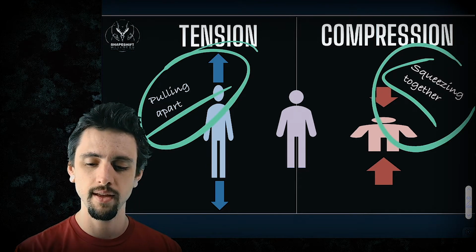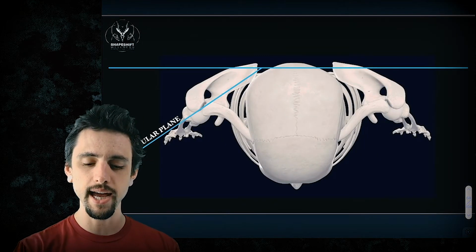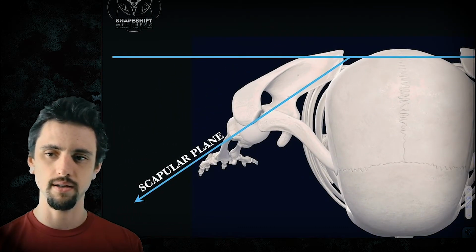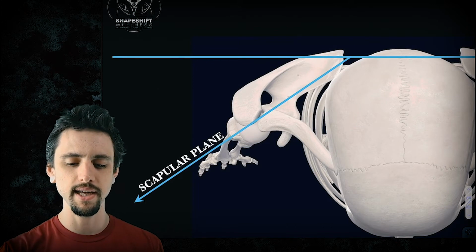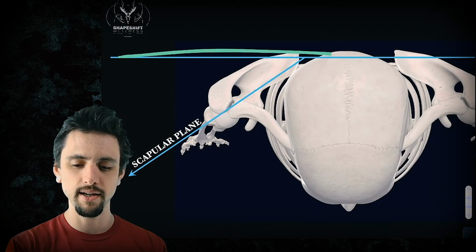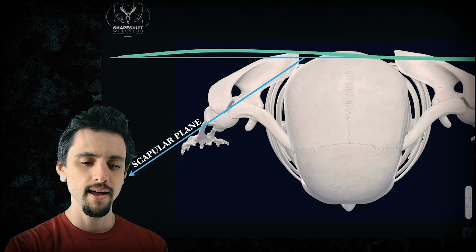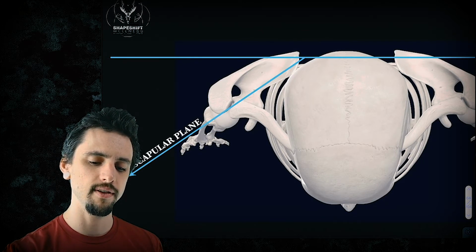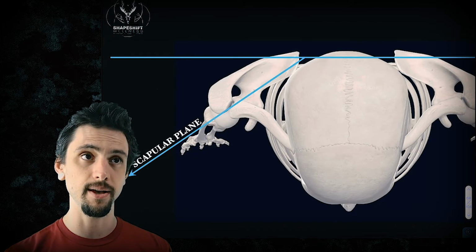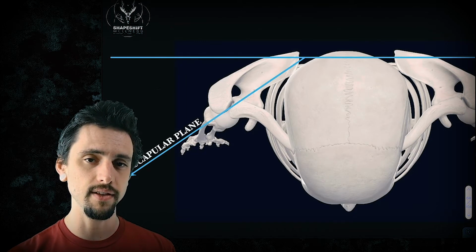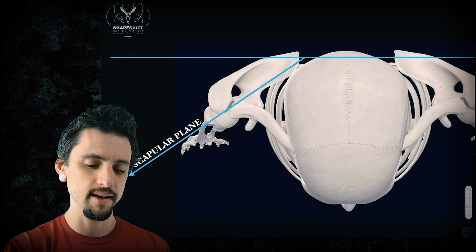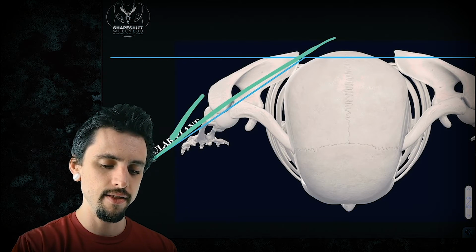That's it. Now, if we look at a skeleton from overhead, basically we've got this plane here, which is just straight side to side, and then we've got the scapular plane. The scapular plane is the direction that the glenoid fossa, the actual joint surface of your scapula, your shoulder blade, is facing. And it's facing exactly this way.